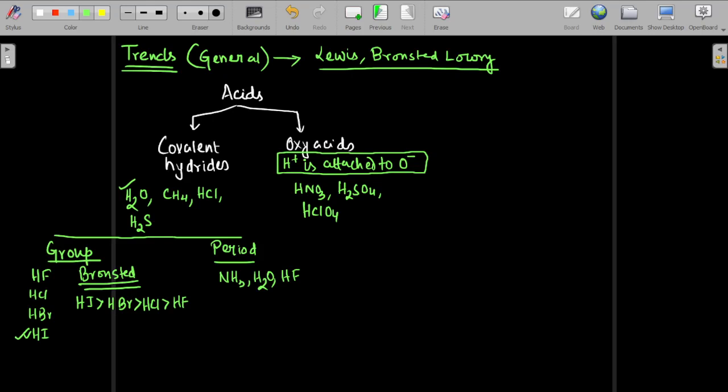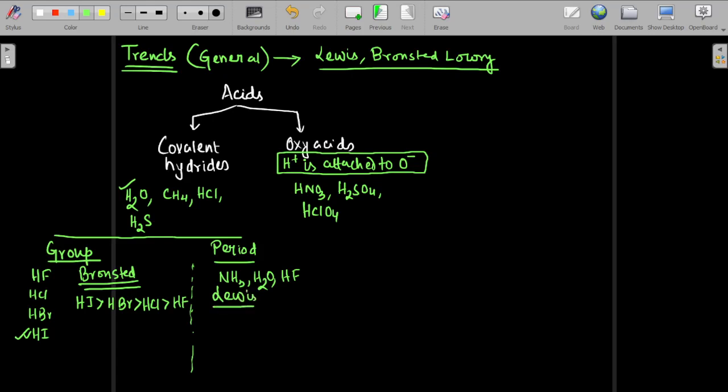Across the period the size does not change appreciably, while in a group the size increases by folds. Oxygen, fluorine and nitrogen have almost equal size because their number of shells is the same. So we are not going to apply the Bronsted concept here; rather, we are going to apply the Lewis concept.